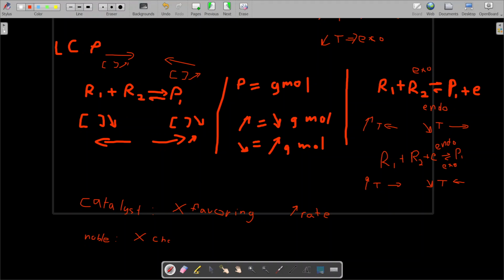And I forgot to add a little point for the pressure up here. If you have equal number of gaseous moles, so if you have equal gas moles, no change at all.